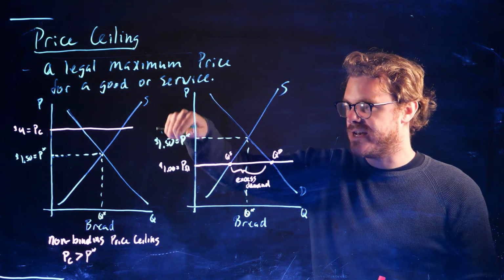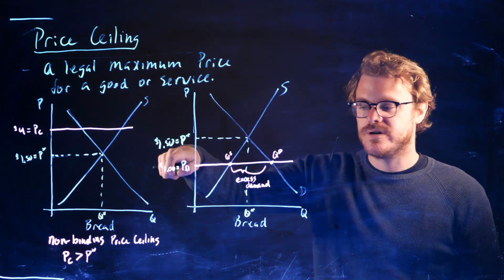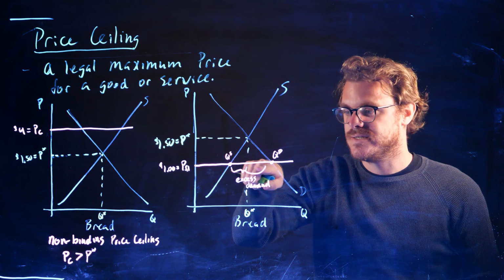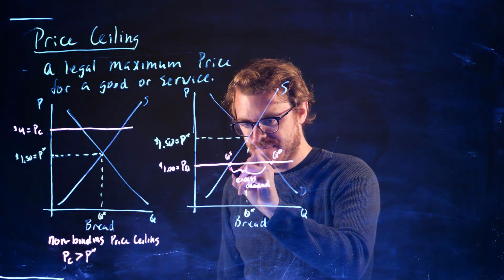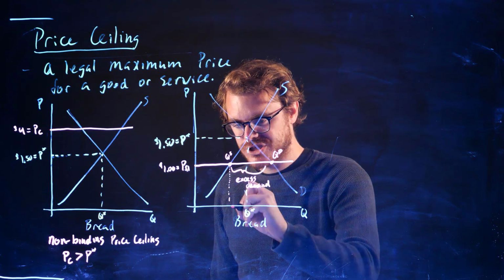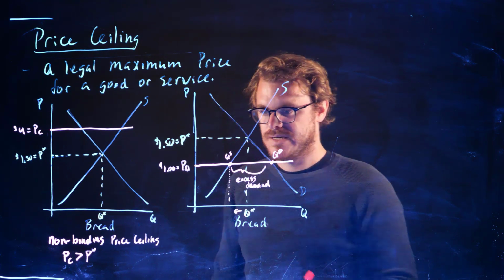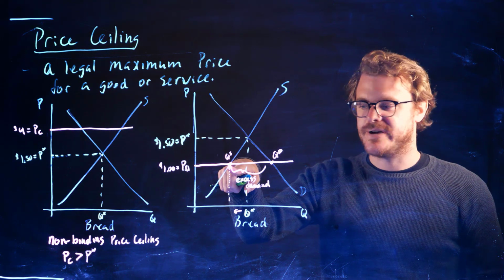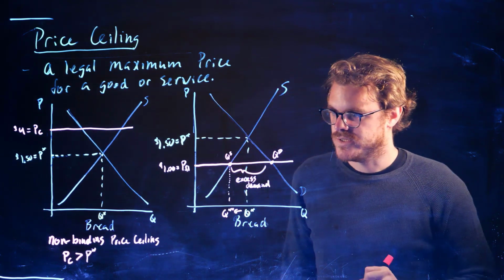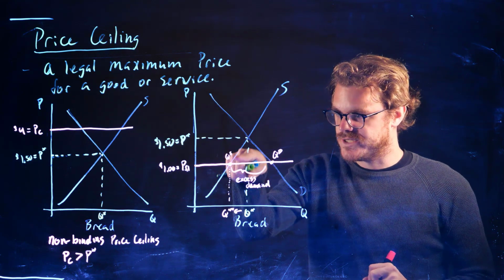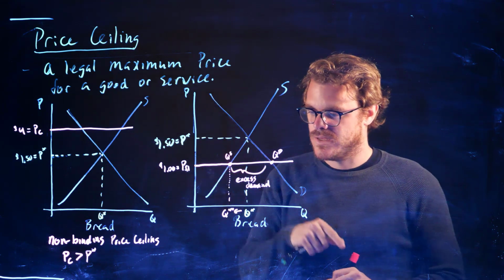Remember, just like in supply and demand, we said any price below equilibrium price is going to have excess demand. So here's this excess demand, and so what's going to happen is that the quantity exchanged on the market is going to go down because firms are only willing to supply this much. So it's going to be the minimum of QS and QD, which in this case is QS.